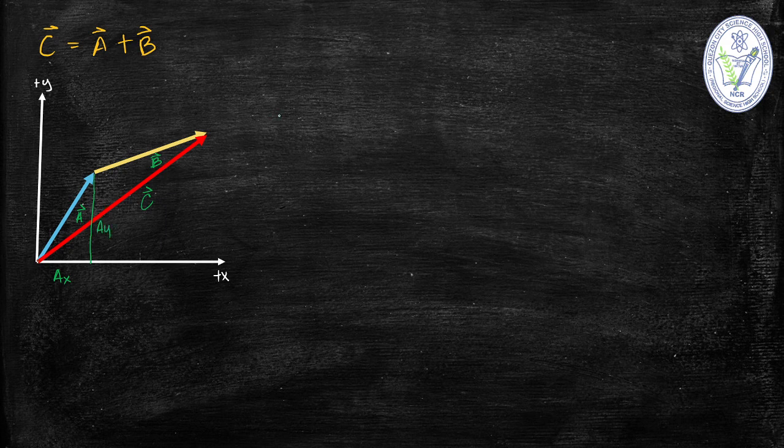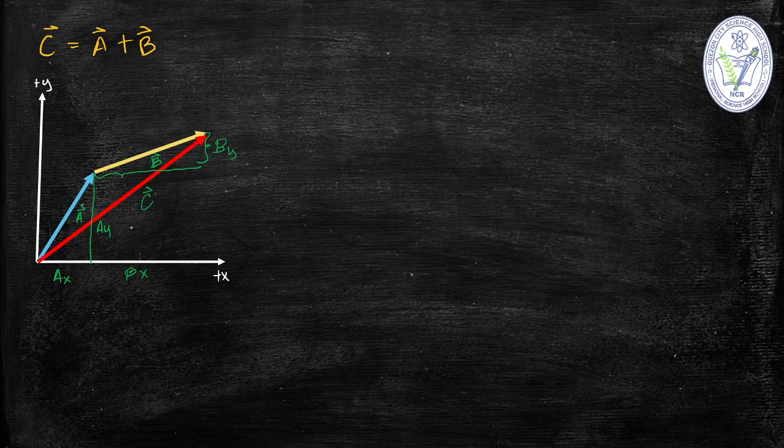Now for B, this part here is going to be bx and this part here would be by.